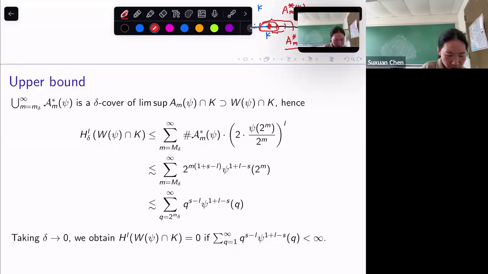And recall that it's defined to be the summation of those diameters of the cover raised to the power L.